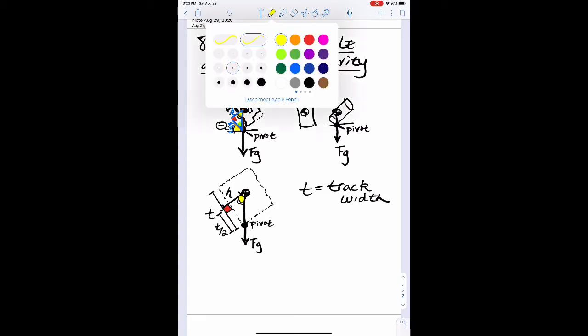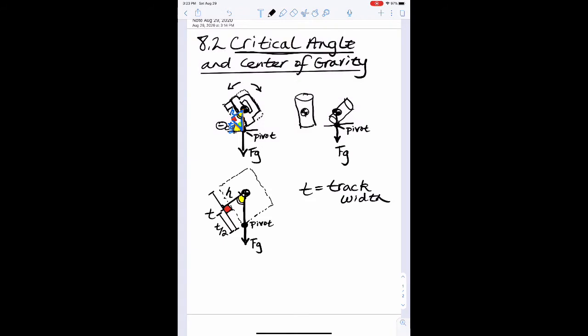So if I go back to black here, what I'm trying to say is this angle is theta C, this yellow angle. And if we think about it, it's a right triangle, and we have our formula for tan.